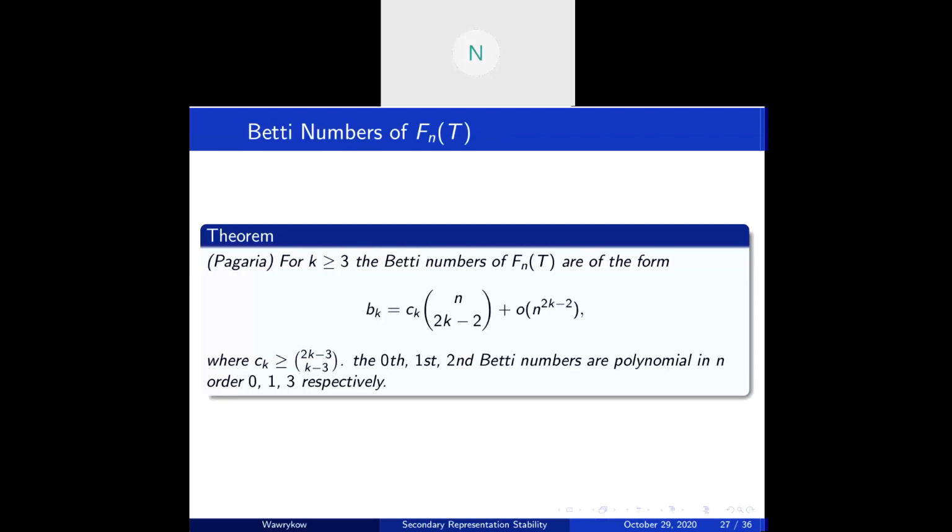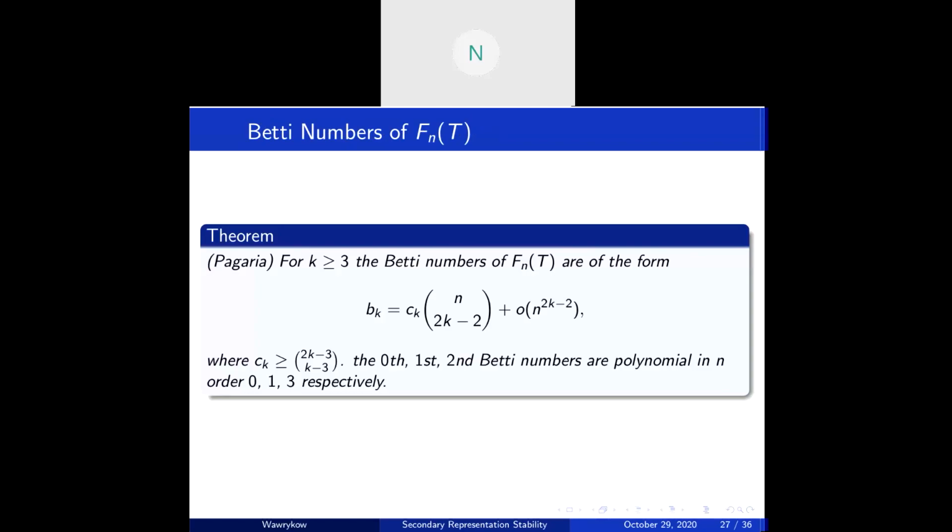So to do this, we first actually have to consider the homology groups of the ordered configuration space on the torus. And so it's a theorem of a guy named Roberto Pagaria that for k greater than 3, the kth Betti number of the ordered configuration space on n points is going to be a polynomial in the number of points n of order 2k minus 2. And moreover, this polynomial is always of order 2k minus 2.